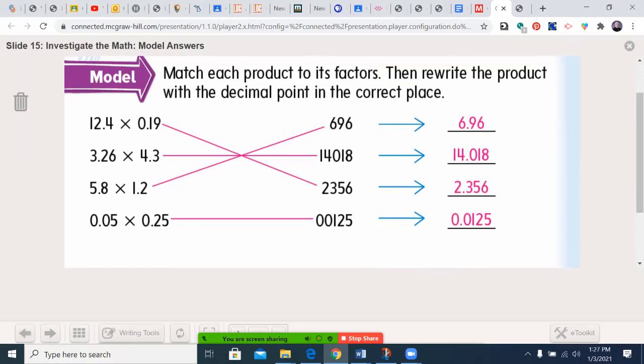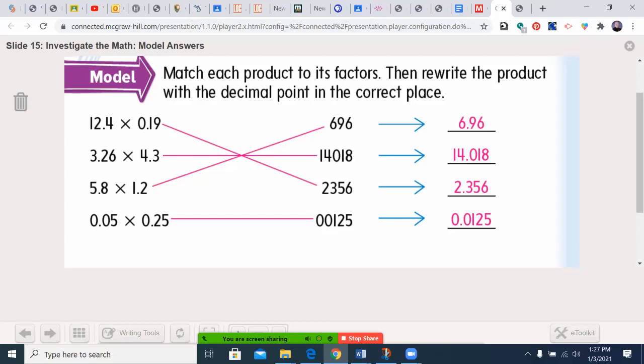There are 1, 2, 3 digits, so you go back 1, 2, and 3. So it became 2.356. 5 hundredths times 25 hundredths: 5 times 25 is 125. But there are 2 and 4 decimal places, so 1, 2, 3, and 4. And we get 125 ten-thousandths.